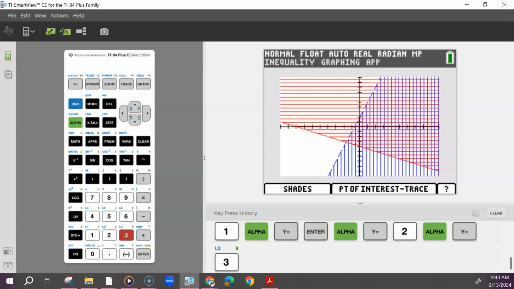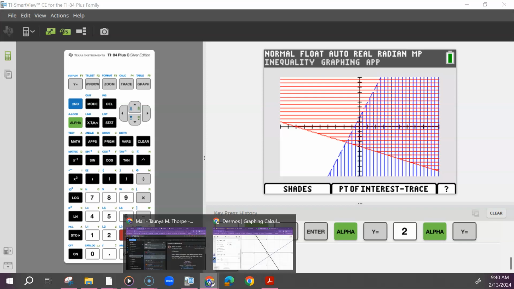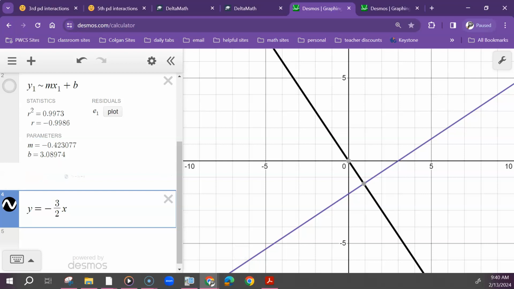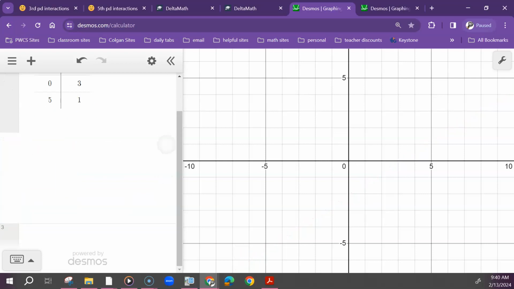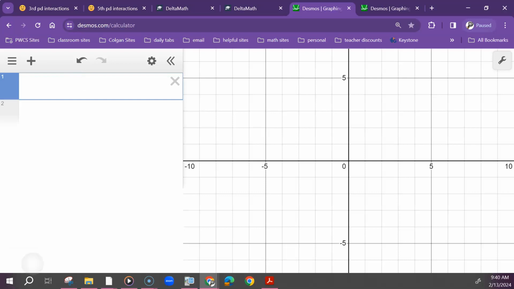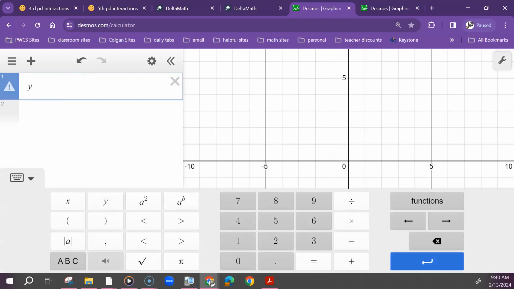Desmos is easy. You just type in the inequalities. I'm just going to make up 2 random ones really quickly.